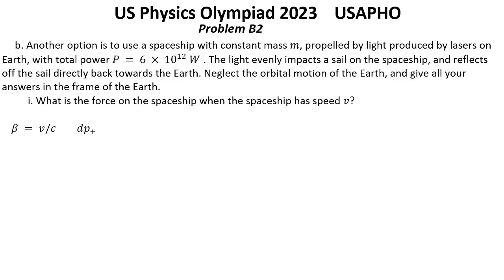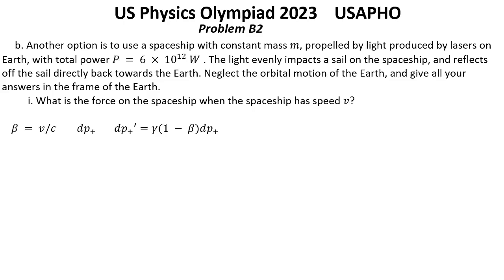In the frame of reference of our spaceship, this momentum becomes delta p plus prime, equal to gamma multiplied by 1 minus beta multiplied by our original momentum delta p plus, and this is according to the formula of relativity.